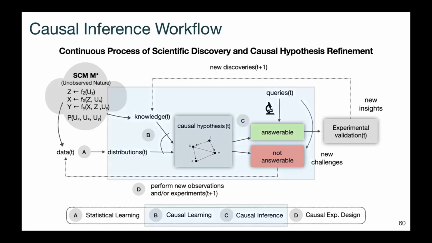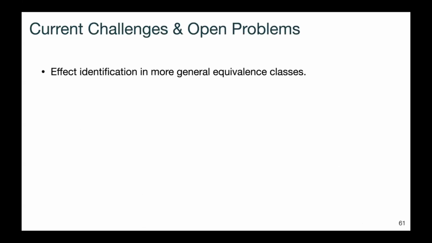What else do I have here? Yeah, so we saw this too today, but there are many other things that maybe we will see in the next two lectures. So what are the current challenges and open problems? First, effect identification in more general equivalence classes.